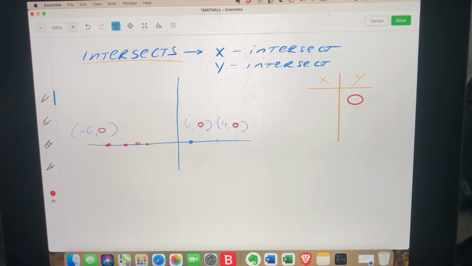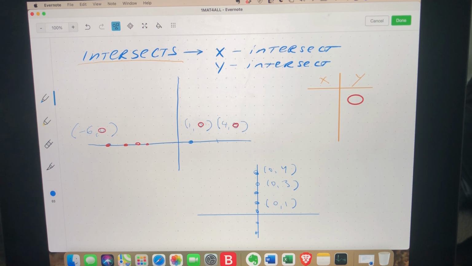Now, next I will need the y-intercept. The y-intercept is a place where the graph crosses the y-axis. And all of these points would have 0 for the x coordinate. Let's say this is (0, 1), maybe (0, 3), (0, 4), some negative numbers down below.